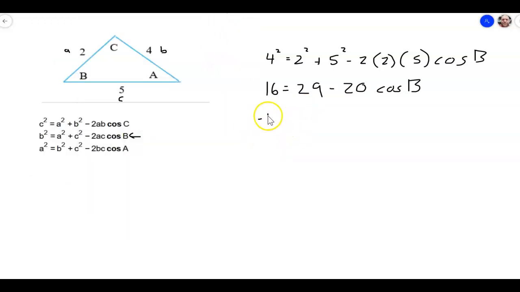So negative 13 is equal to negative 20 times the cosine of B.